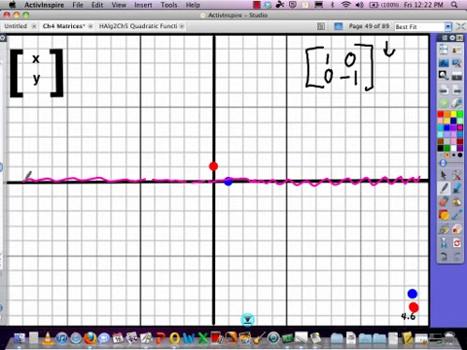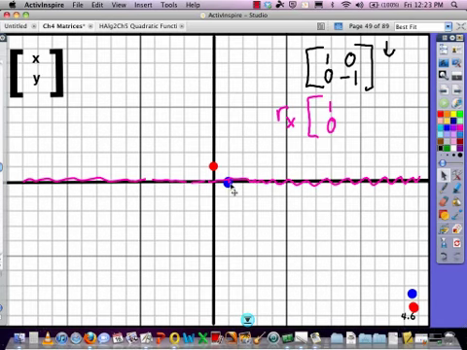Most people would say, and our new little symbol for this is reflection over the x, that point, 1, 0, would reflect upon itself, so it would stay 1, 0. Now, take the red point.